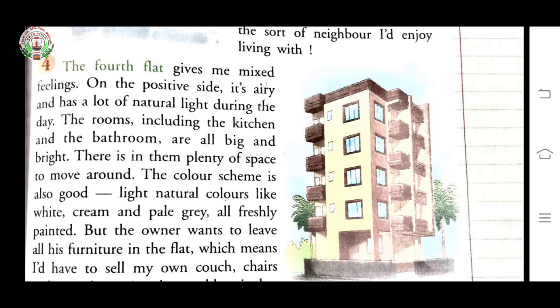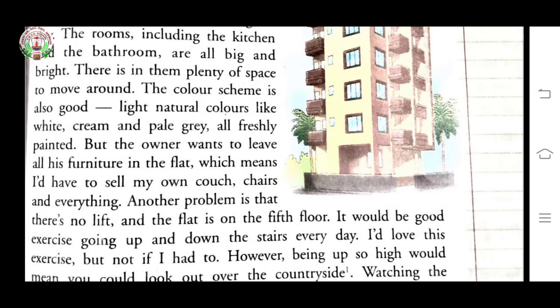The rooms, including the kitchen and the bathroom, all the rooms are big and very bright, and there was plenty of space to move. Means all the rooms were very big and plenty of space to move around there. And she liked the color scheme. She said the color scheme is very good.